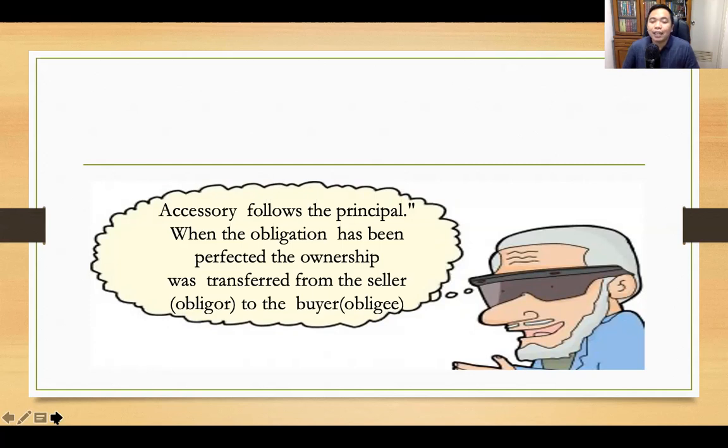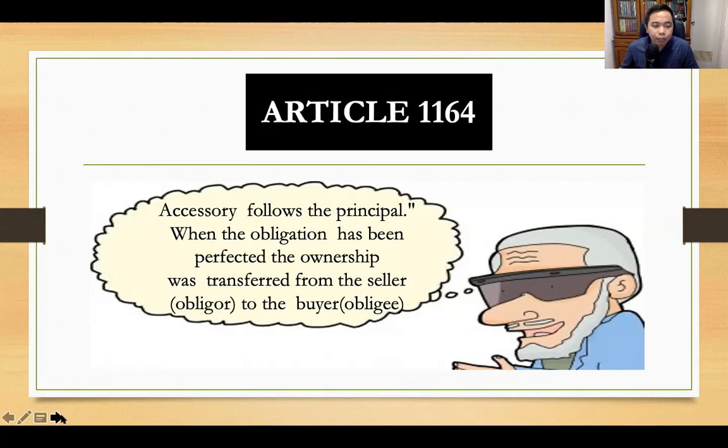Answer: B. Kasi, class, at the time of October 1, meron ng obligation to deliver si A. Which is why, if you have the obligation to deliver the thing, then you are now liable to deliver the fruits as well, because accessory follows the principal. Yun ang ibig sabihin nun.